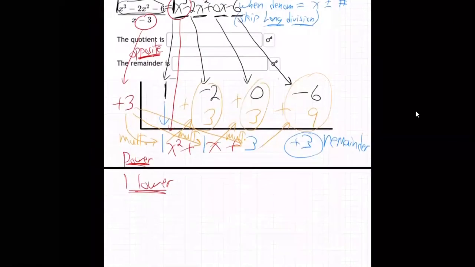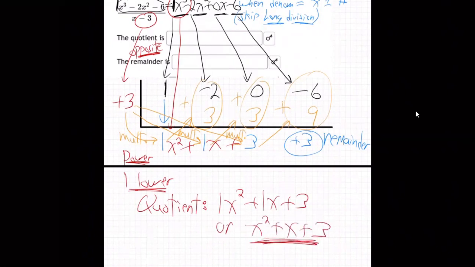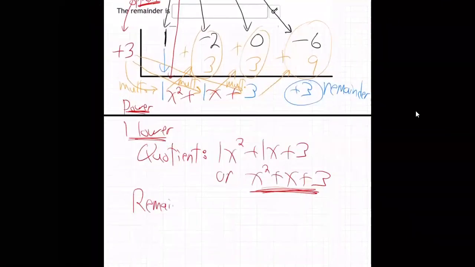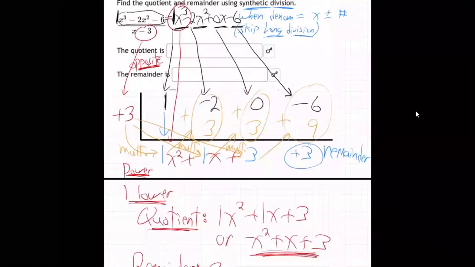So the quotient, write it down here, is 1x squared plus 1x plus 3. You don't really have to show those ones. It's just x squared plus x plus 3. That's fine. And the remainder is 3. So there we go. There is synthetic division.